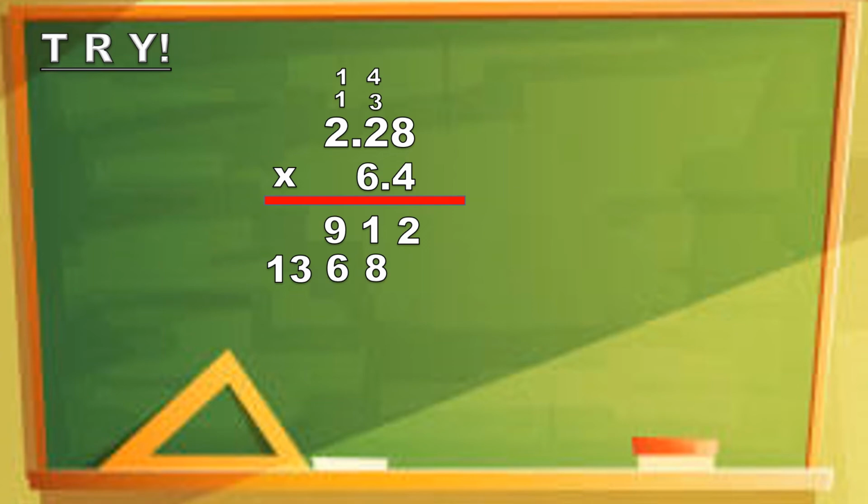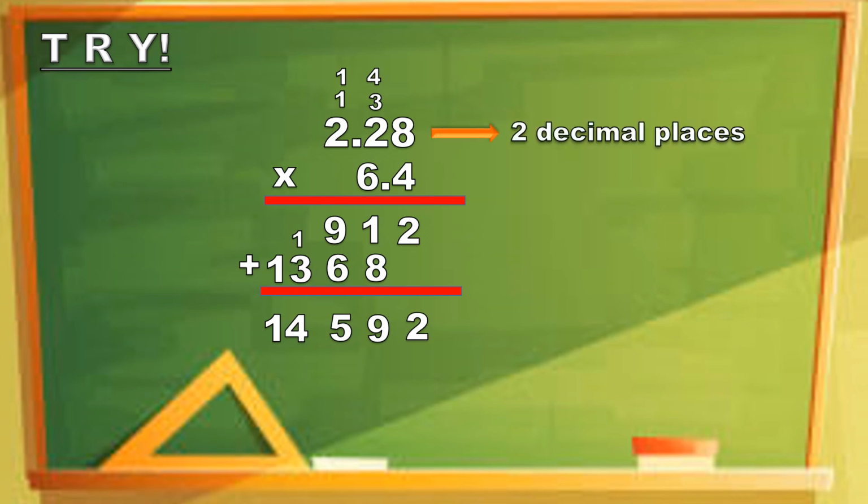Plus 1 is 13. And then to get our product, we again add our partial products. So bring down 2. 1 plus 8 is 9. 9 plus 6 is 15. Carry 1. 1 plus 3 is 4. And then we bring down 1. Next step is to count the number of decimal places. Our multiplicand has two decimal places.